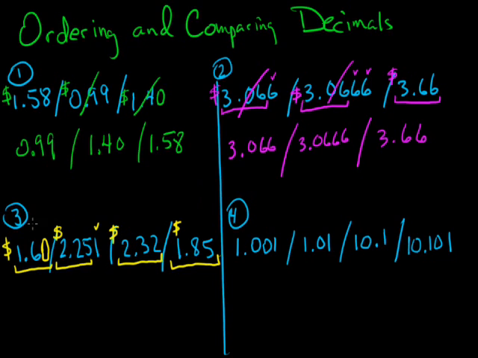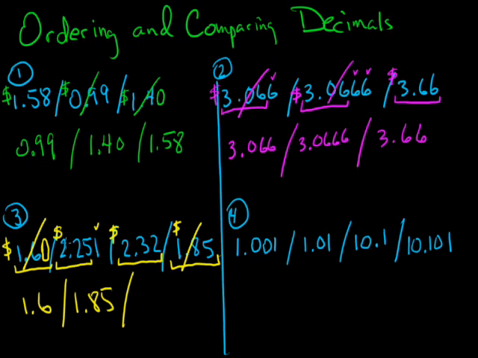Well, we could narrow that down to the two decimals that are less than $2 would be the smallest. So we have a choice between $1.60 and $1.85. So 1.6 is the smallest. Cross it out. Next is the $1.85.